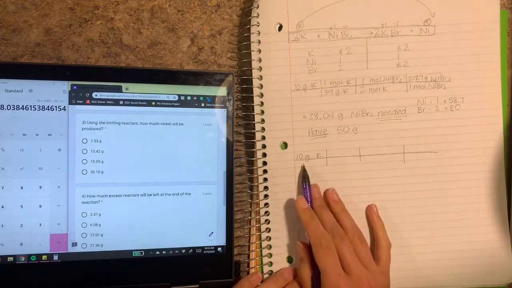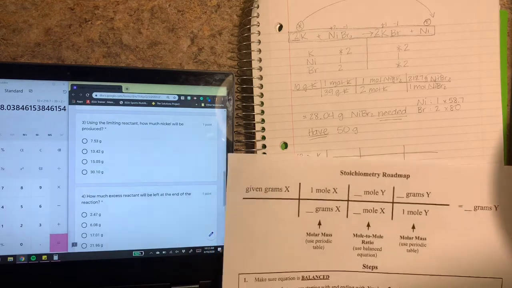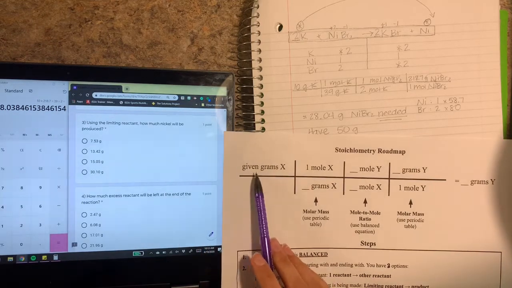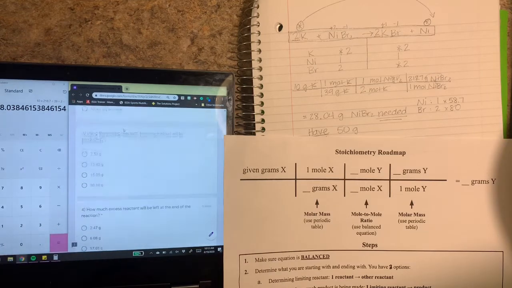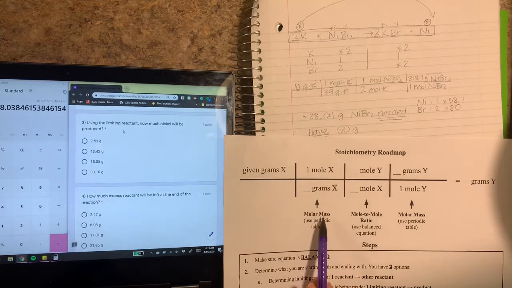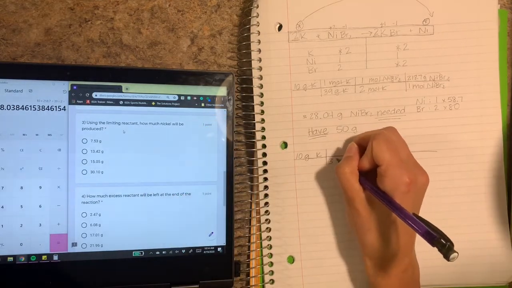So I'm starting with the 10 grams of potassium. So that's here, we are given 10 grams of potassium from this problem here. I'm going to do the molar mass of potassium, how many grams are in 1 mole, which I did right here, so I'm just going to copy that down.